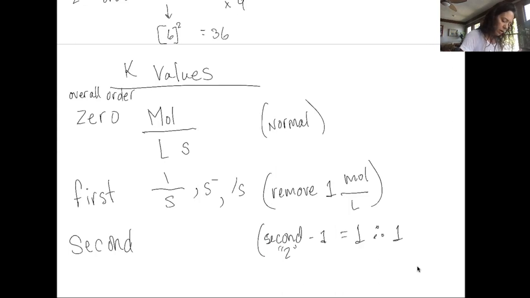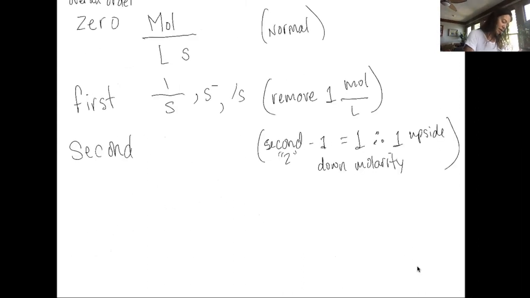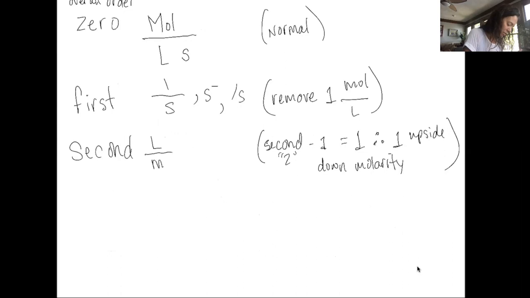Therefore, 1 upside down molarity. Y'all, I'm just telling you how my brain works, I can see it mathematically, but I try to create a way to show you. That's my upside down molarity. And it's still got the seconds on the bottom.